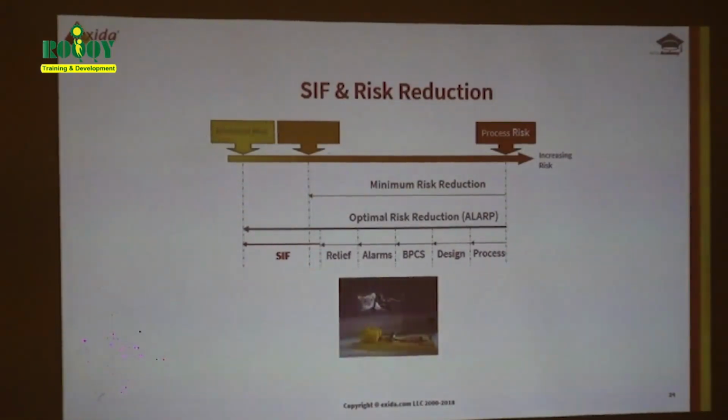And it's my experience that with a lot of the older plants where they've installed safety systems on the basis of prescriptive standards, when you go through the cause and effect and through the P&IDs, a lot of the SIFs drop away because they've already got enough protection in place. So they may have a system with 300 SIFs in it. At the end of the analysis, they may be left with 150.